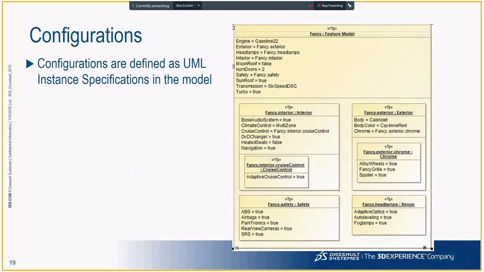So here you see the instance model for my feature model from before. I'm making a fancy configuration of my car, which has all the bells and whistles switched on and so on.